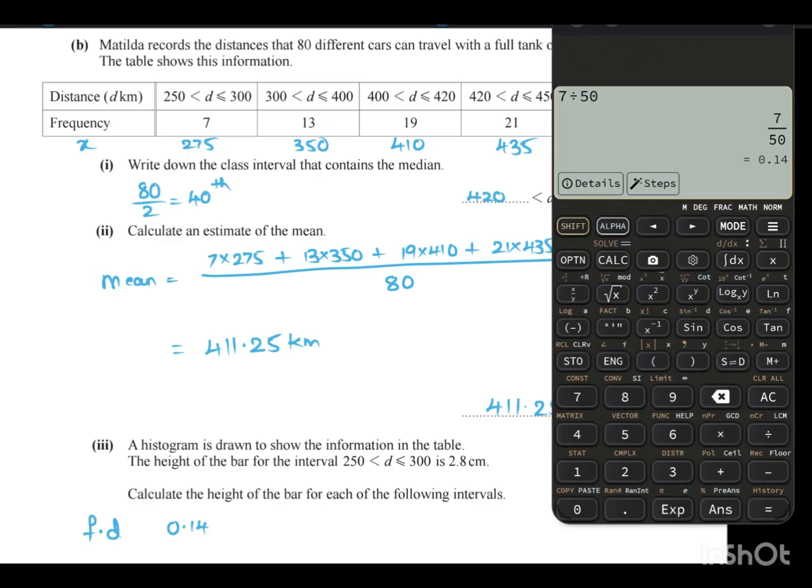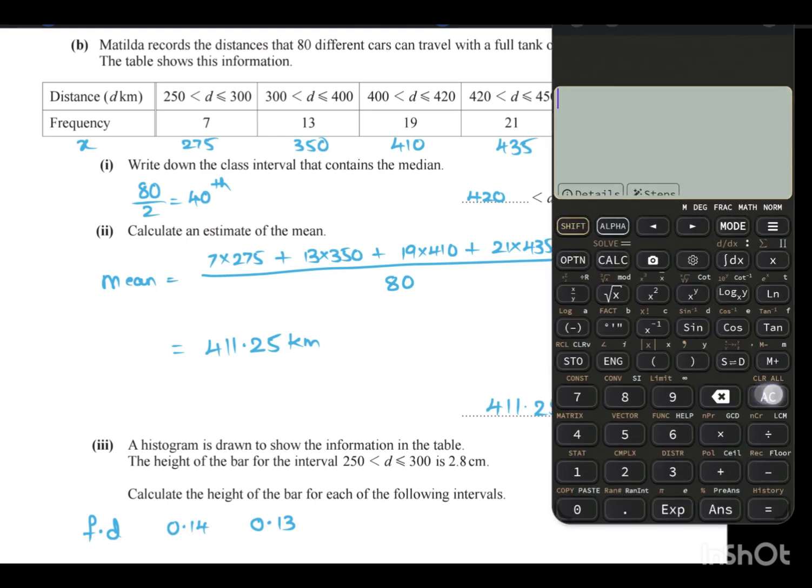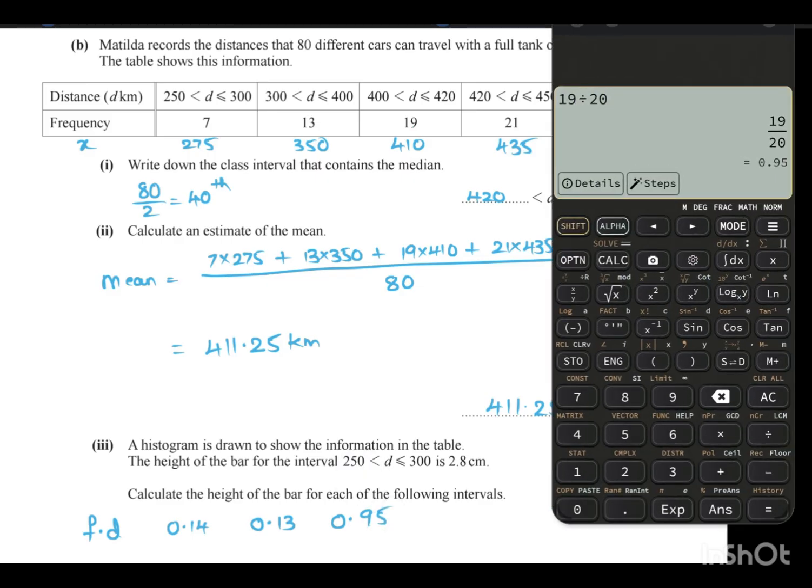Next class is 13 divided by 300 to 400, which will be 100. So 0.13. Then 19 divided by 400 to 420 will be 20. 19 divided by 20 is 0.95. Then the next class is 21 divided by the class size, which is 30.